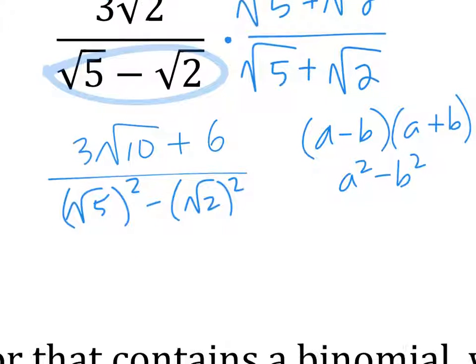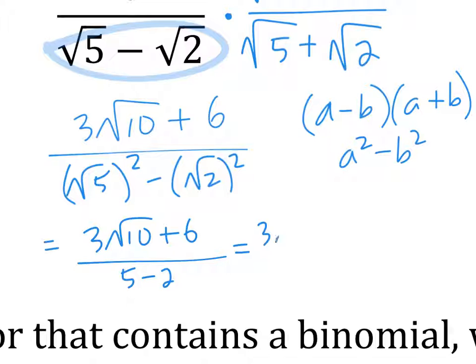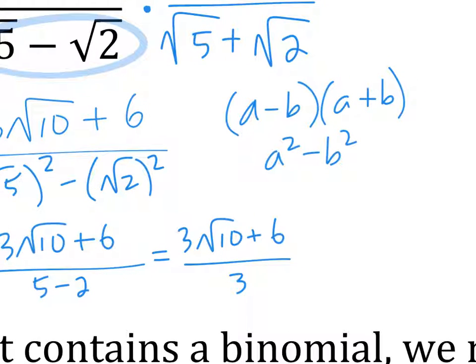So this becomes 3 root 10 plus 6 over 5 minus 2. The square of a square root is just that number. So 3 root 10 plus 6 over 3. What can I do now to make this a little simpler? Divide by 3. So 3 cancels out for everything, right? So this is root 10 plus 2.